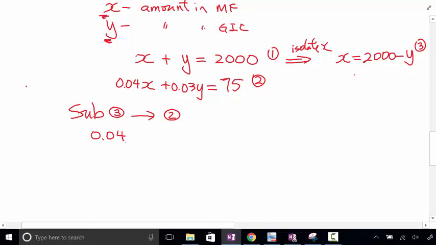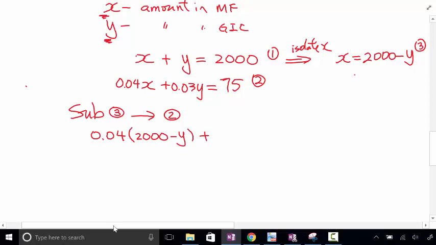Okay. So what do we get right now? 0.04x. What can I write here instead of x? The value of x. Okay. So instead of x, I can actually write the value of x. And the value of x is what? 2,000, okay, minus y. Okay.